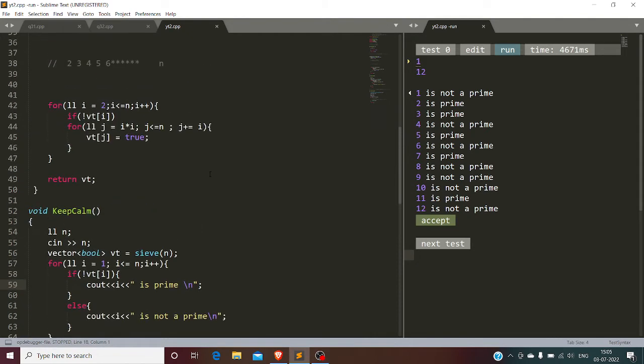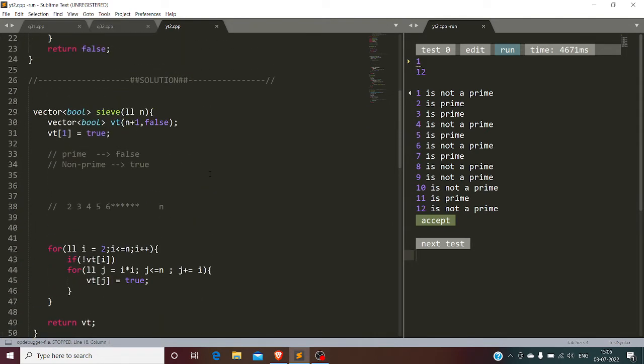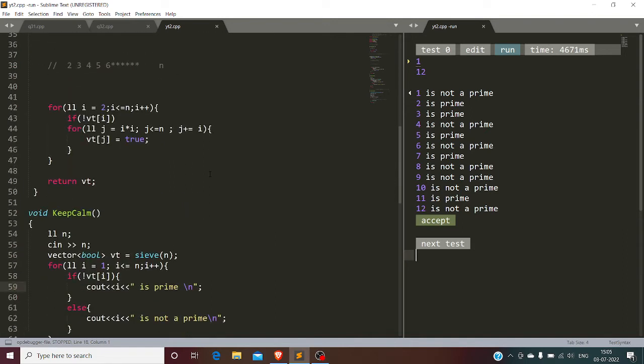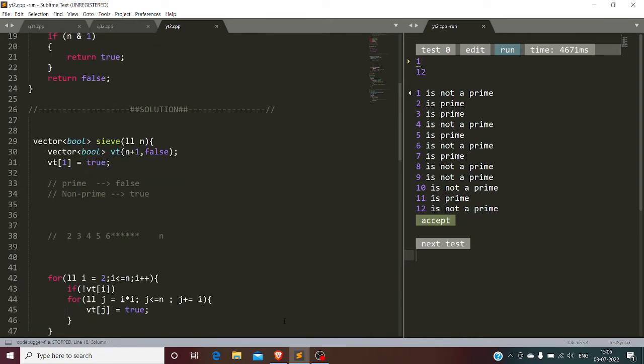Now this is one form of the Sieve theorem that we generally use for primes, when there are multiple numbers given to us and we need to find whether they are prime or not. But now we have a modification of the Sieve theorem.